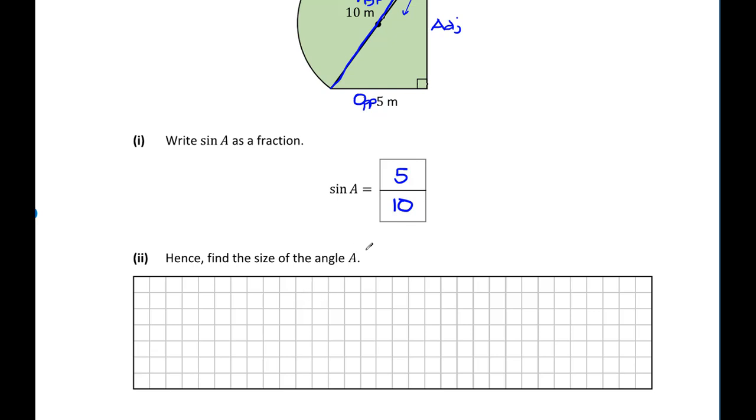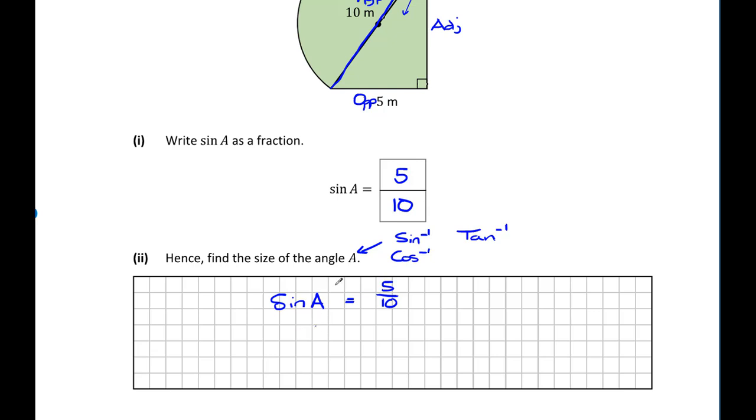When you're asked to find the size of angles, you're going to use sine inverse, or cos inverse, or tan inverse. Okay? So let's just write down what we have. We know sine A equals 5 over 10.